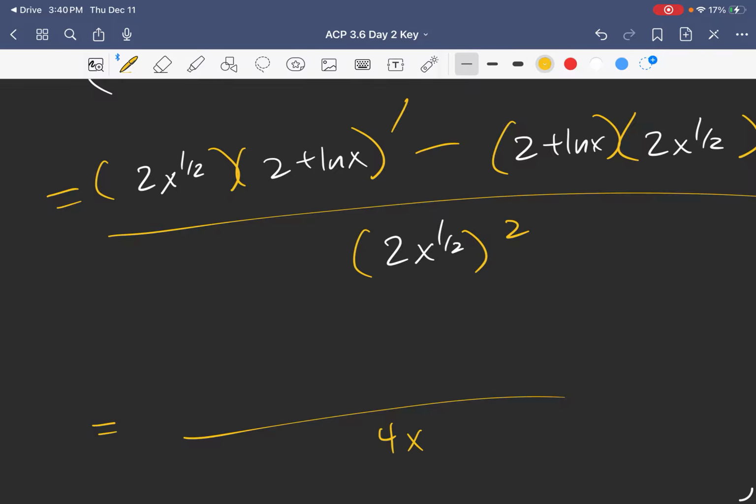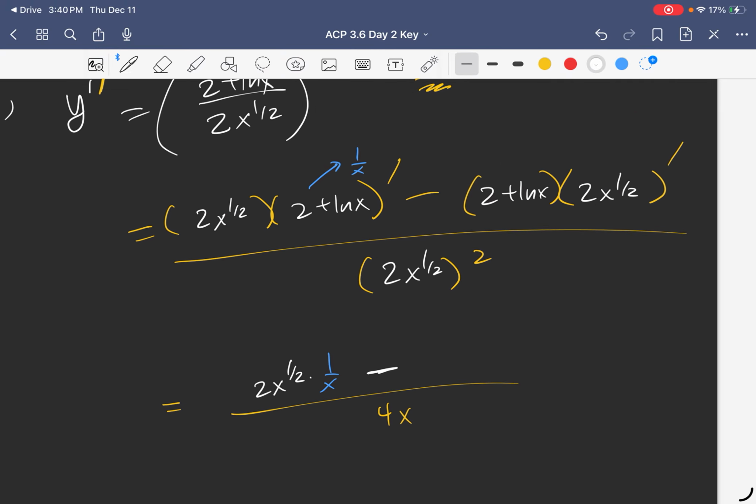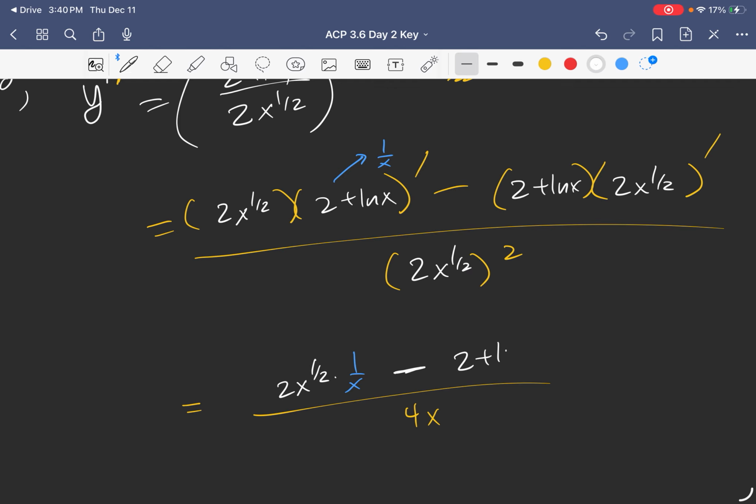Then on top, this derivative right here ends up being 1 over x. So it's going to be 1 over x times 2x to the 1/2. It's going to be minus, and this is going to be 2 plus natural log of x times this derivative right here, which is going to be 2 times 1/2 of an x to the negative 1/2.